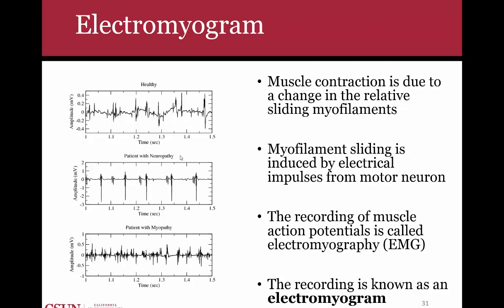So this is a neuropathy. If there are some neurons that are dying in that innervation, or if some of the muscle is dying, you can get some characteristic readings from these electromyograms, also called EMGs. I don't know if we go over in this lecture how to actually place the electrodes, but I think in the next lecture we'll go over that.